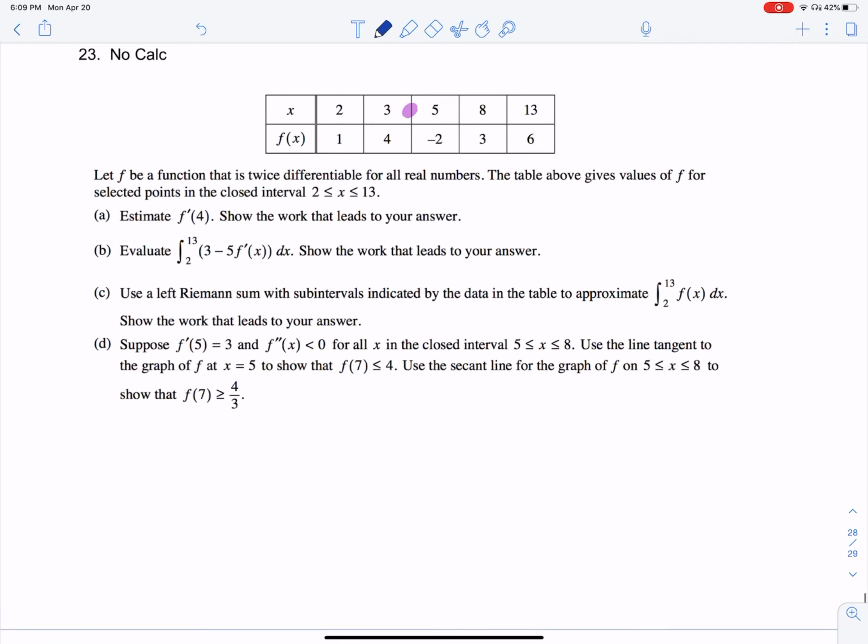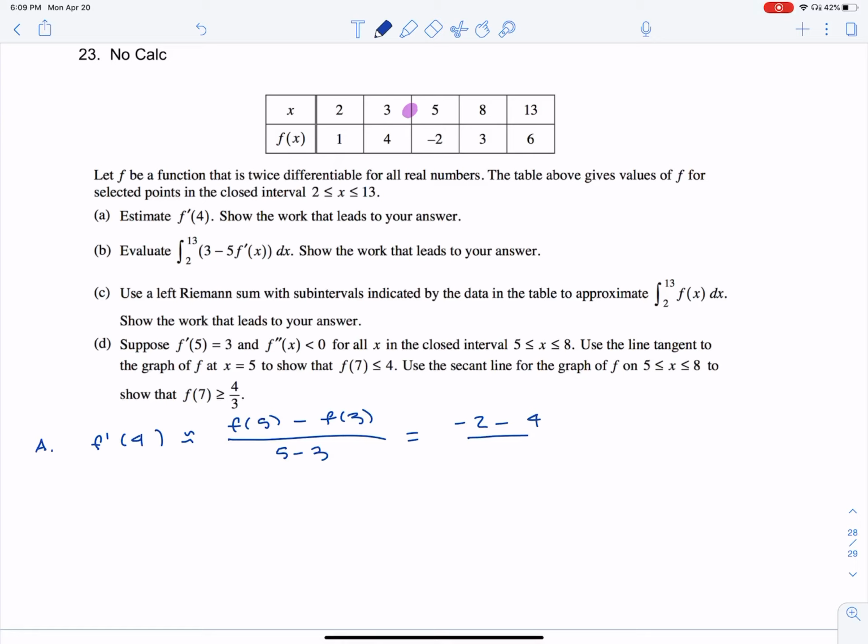So I'm going to say, let's label this letter A. So f prime of 4 is about the slope between f of 3 and f of 5. So in this case, f of 5 is -2, and f of 3 is -4.